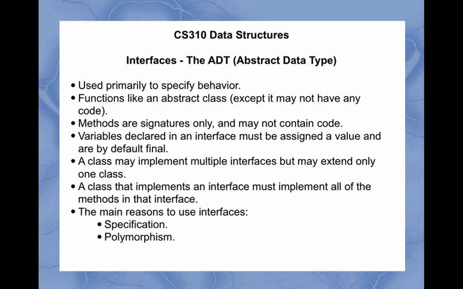That is, if it's a void method, then open bracket, close bracket. If it's a boolean, then just put return false. Put in some dummy value so that you can get it to compile. But you will need to include all of the methods in the interface in order to get the implementation you're creating to compile. The main reason to use interfaces is specification and polymorphism.